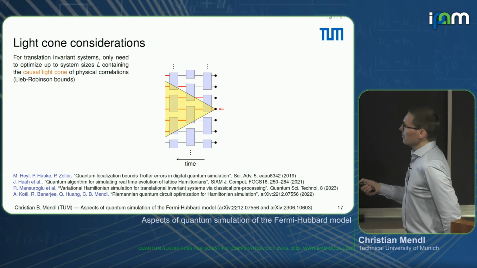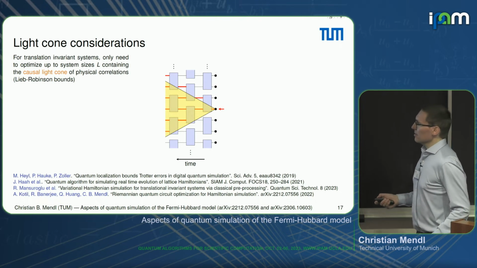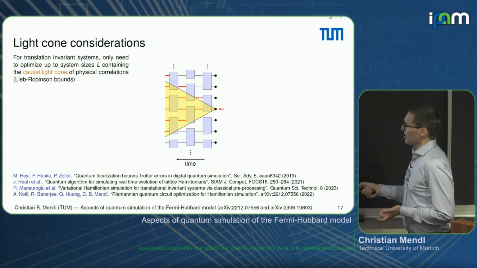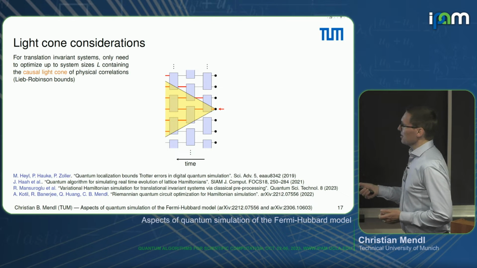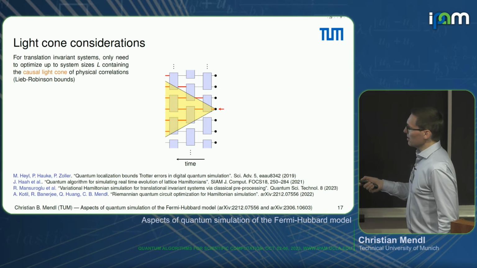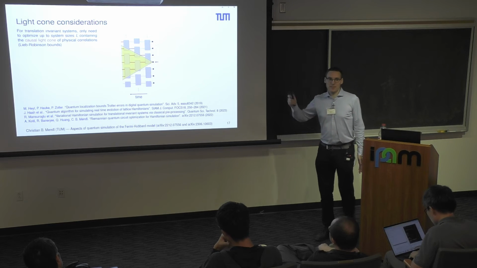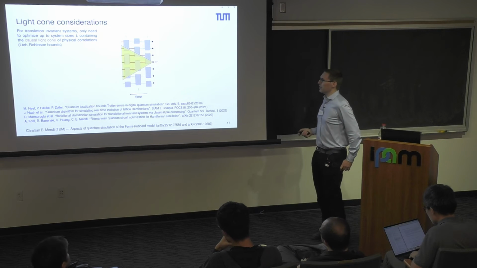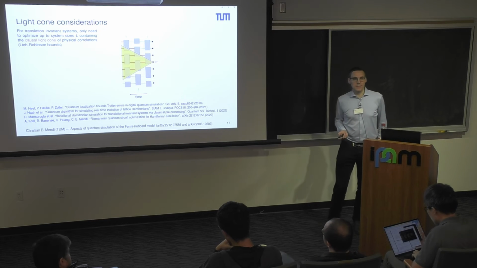But now the point is, if I choose a system size which is at least as large as the extent of this light cone here, then this is efficient, because if I extend it to larger systems, the causal influence will not be felt by the qubits which are far away anyway. So it's fine to use a smaller system for the optimization. Does this make sense?